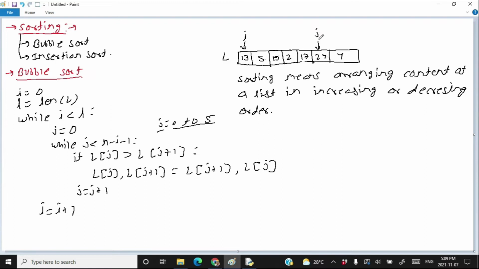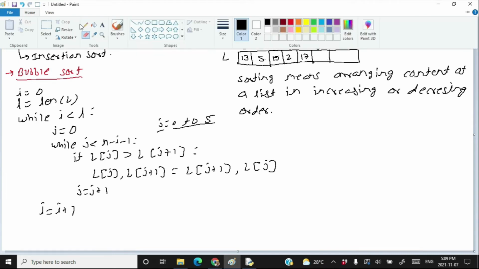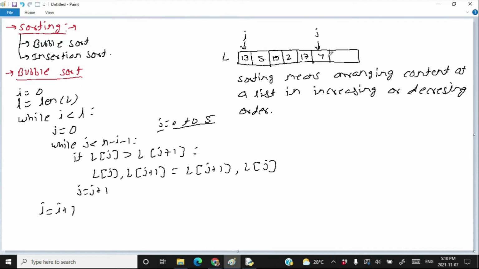Being at j equal to 5, again you check if L[j] is greater than L[j+1]. Yes, it is. So again swap these two values and increase the value of j.